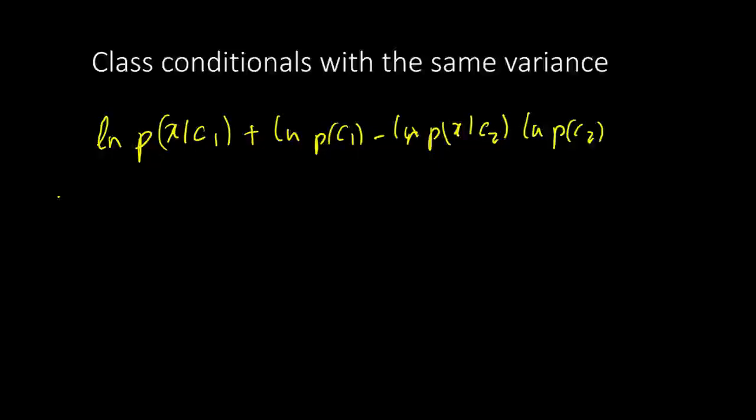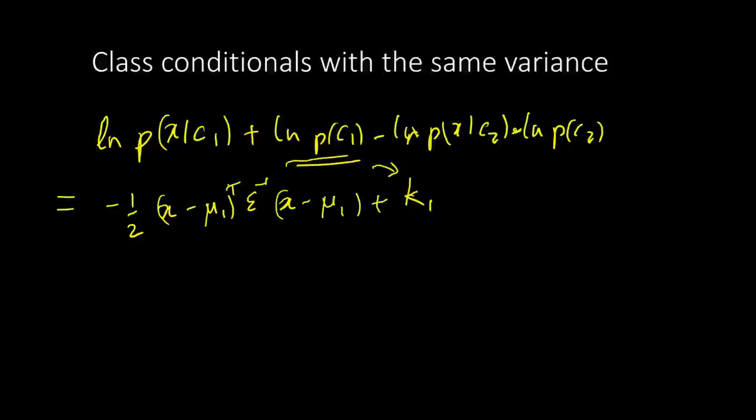So here the constant will vanish from both sides because of the negative sign, and what we will get is the log of the exponent, which gives us minus half x minus mu1 transpose sigma inverse x minus mu1, since sigma is the same for both, plus this constant, which I will just call k1.